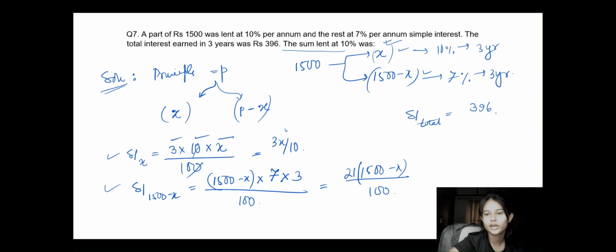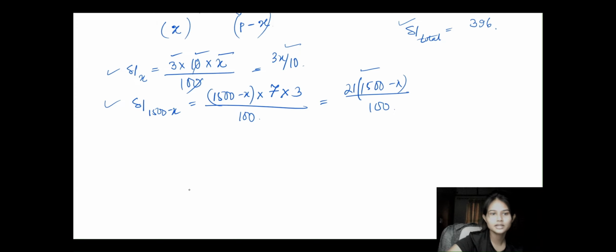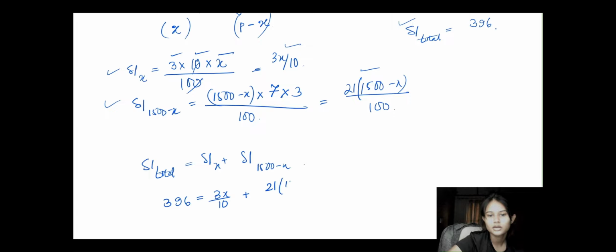Now if we equate, we know that SI total is nothing but SI x plus SI 1500 minus x. So SI total is 396. SI x is 3x by 10. And SI 1500 minus x is 21 into 1500 minus x by 100.